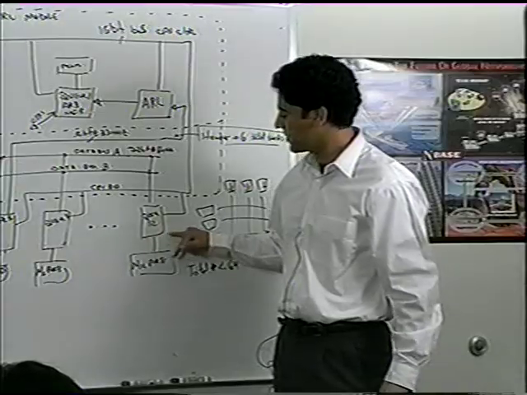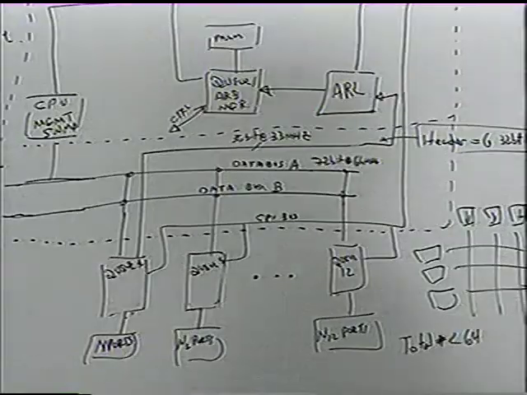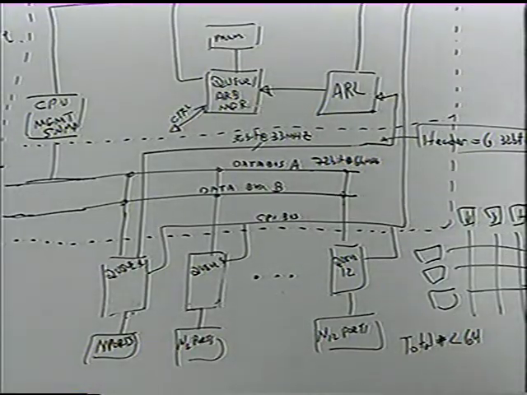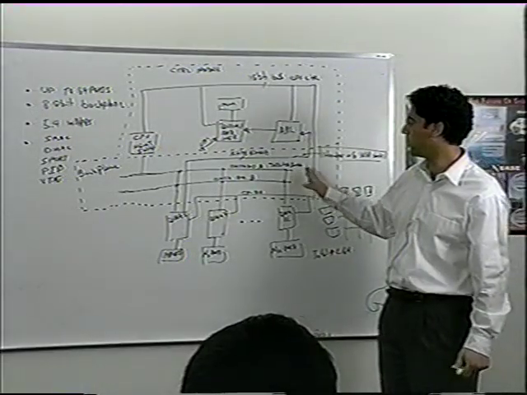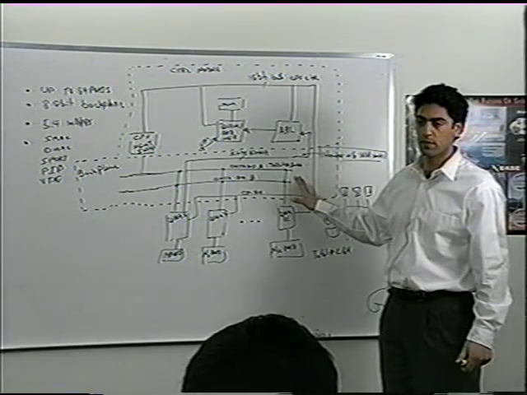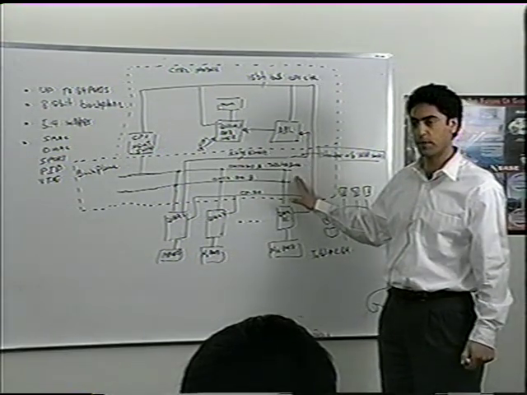So that's a second level of complexity. And again, the important thing to note is that you can actually have 2 transfers happening simultaneously.